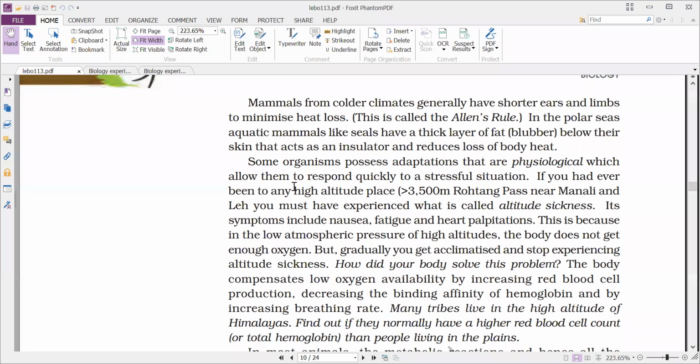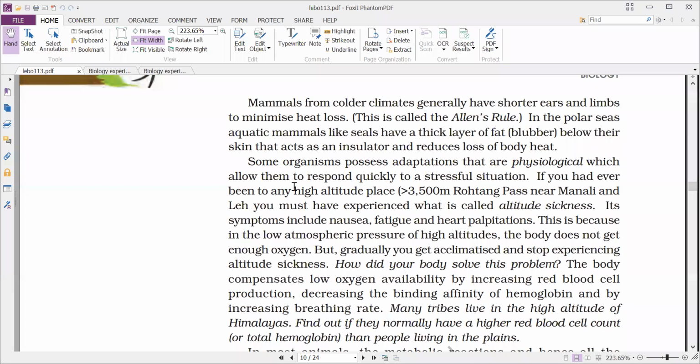This is to minimize heat loss, because as they are living in colder regions, these mammals maintain a uniform temperature, so they reduce the heat loss by reducing their external structures like ears and limbs. This is called Allen's rule.